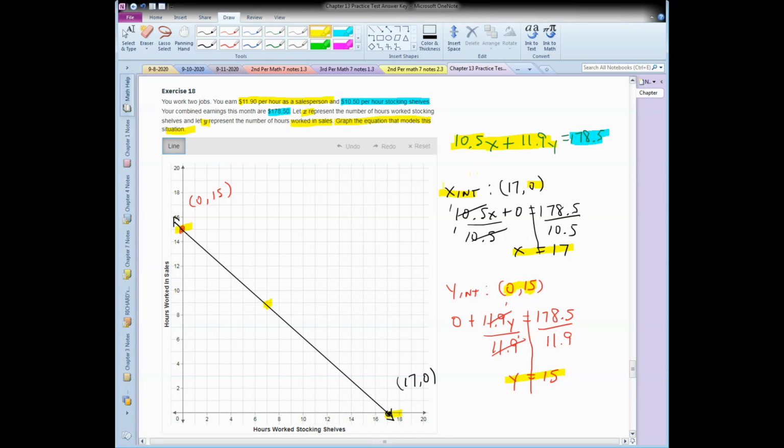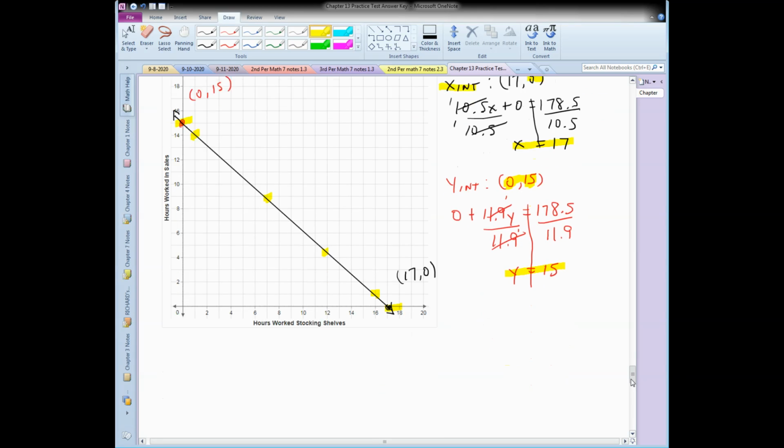Then that would give me $178.50. All right. Or maybe I worked what looks like 1 hour stocking shelves and 14 hours as a salesperson. That would also give me $178.50. Okay. So there's different combinations of times that you work where the amount of time that you stock shelves and the amount of time that you are a salesperson can change and vary. Okay. So that's how you can interpret that line.